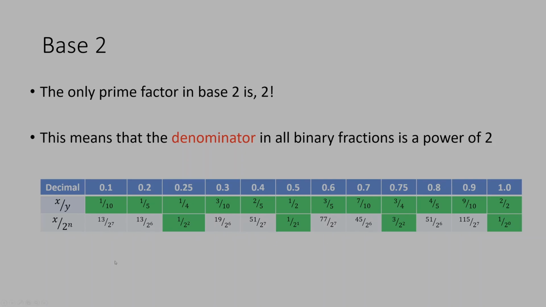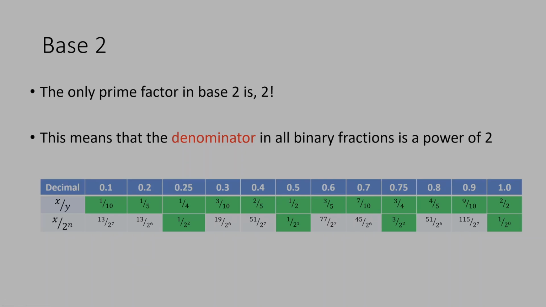So with that in mind, what are the kind of representation errors that we bump into? So 0.1 in binary, in x over 2^n, we can't represent it exactly. The same with 0.2. Any of the ones that are coloured in here, we can represent those exactly. So 0.25, 0.5, 0.75, we can represent those no problem.